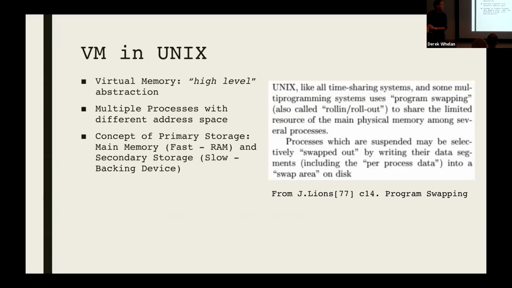Okay, starting first of all with a 10,000-foot overview of virtual memory in Unix. From the commentary on the 6th edition of Unix by Lions from '77, he described the way processes share memory in Unix in one sentence: Unix, like all time-sharing systems and some multi-program systems, uses program swapping, also called rolling in, rolling out, to share the limited resources of the main physical memory among the several processes.